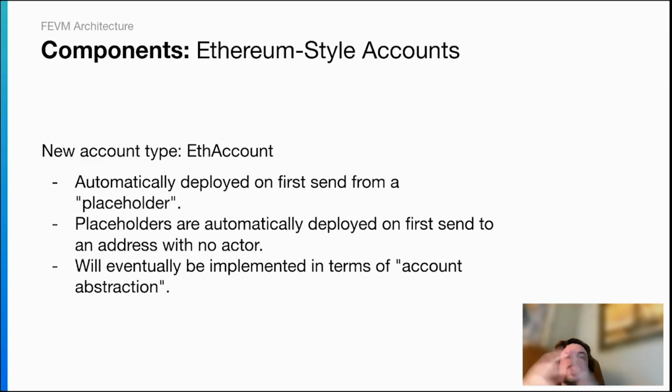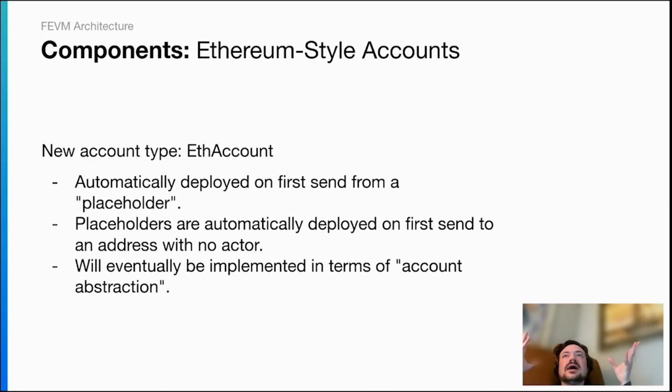I guess one final thing I want to mention in terms of Ethereum style accounts is how does it interface with things like MetaMask. Basically, MetaMask will submit an Ethereum transaction to Lotus. Lotus will then massage this Ethereum style transaction to make it look like a Filecoin message, and that Filecoin message will be submitted on chain.